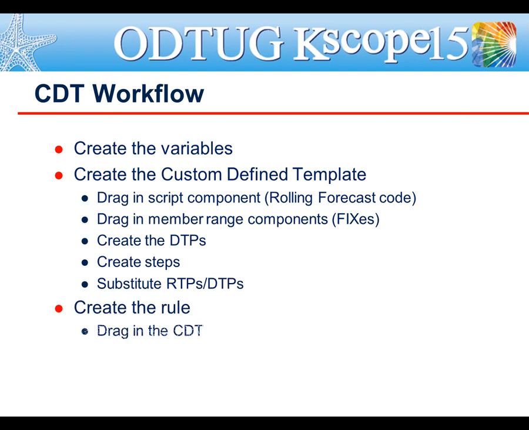So then we'll create the rule, and as we create the rule, we'll execute the CDT. When we drag it in, it will automatically execute. That is, when the rule designer drags it in, it will automatically execute, or we can execute it manually.